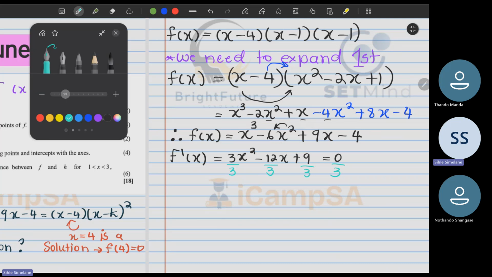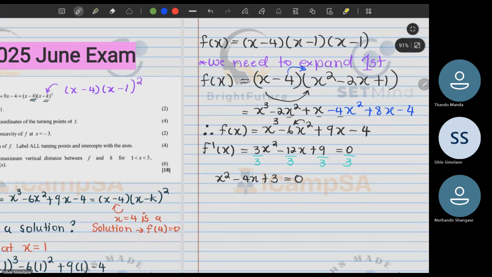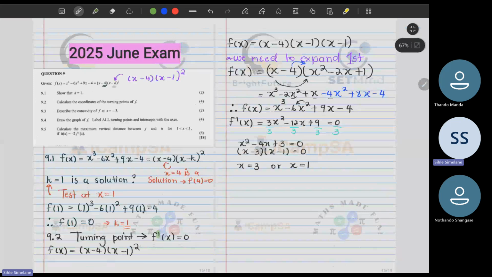Okay, we can divide by 3 such that we are going to have x squared minus 4x plus 3 equals 0. And this, guys, is simple grade 9 maths. This will be x minus 3, x minus 1 equals 0. So you'll get x equals 3, or you get x equals 1. So these are the x values of the turning point.